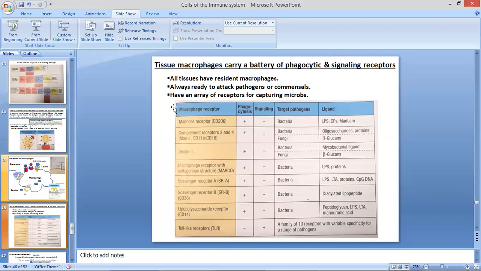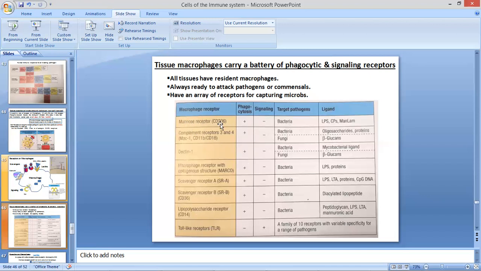So the receptors that help these macrophages recognize and attack these pathogens are given here. These are the names of the receptors present on the surface of macrophages, and this is the process of phagocytosis that these receptors help with, and how they do it.